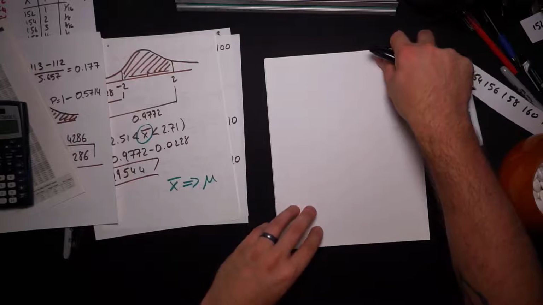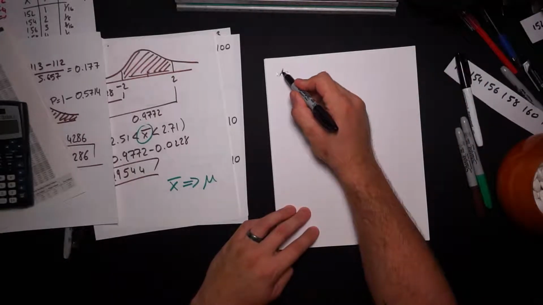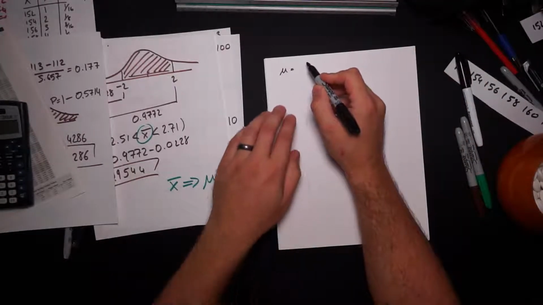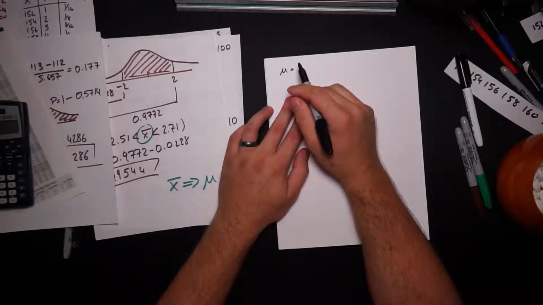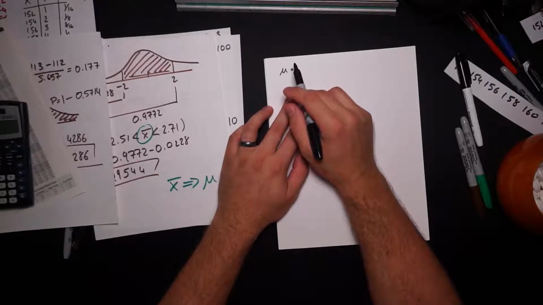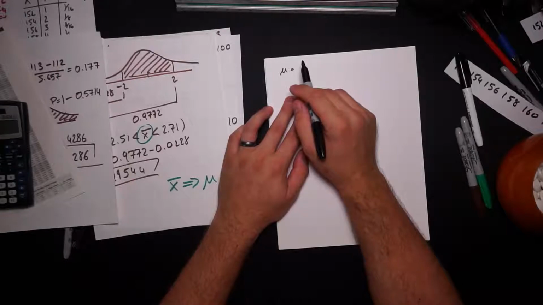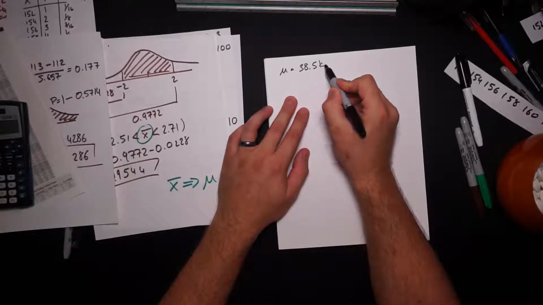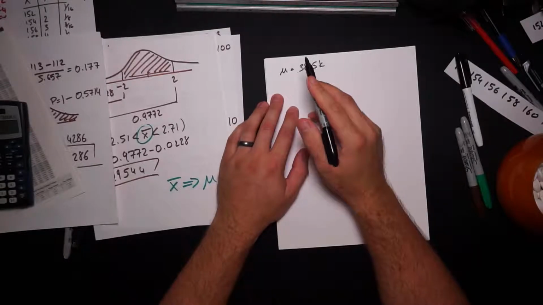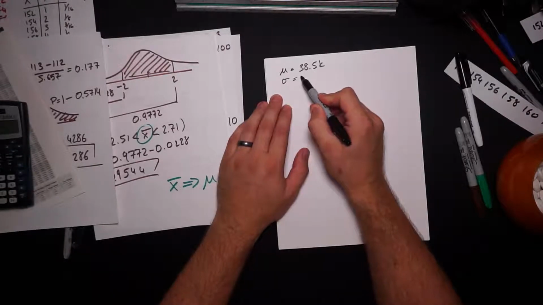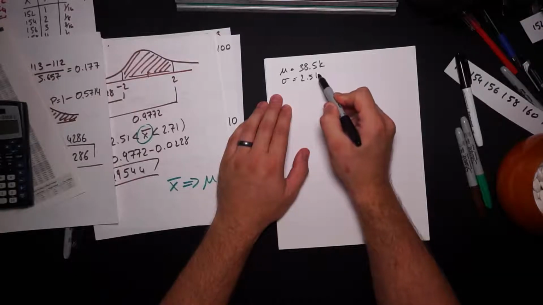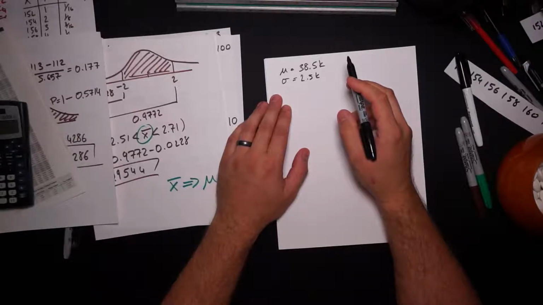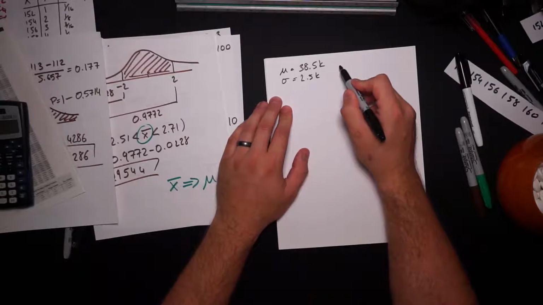Alright, so we have a population mean of 38.5k, and standard deviation is 2.5k.